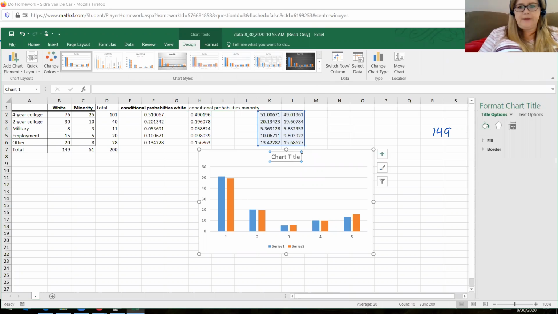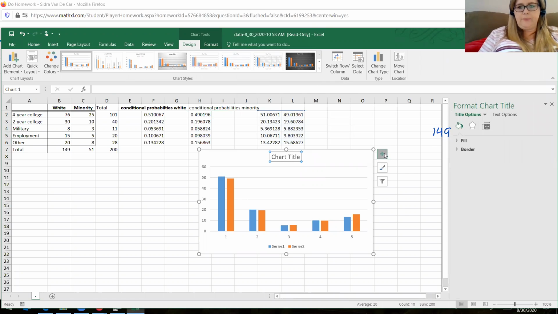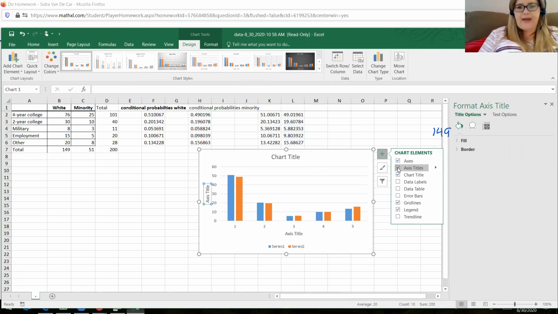and then go through and adjust it. So I would give my chart a title, and I would label right here, I want titles for the axes, so I can type in this is the percentage, and then down here I would label this the different categories.